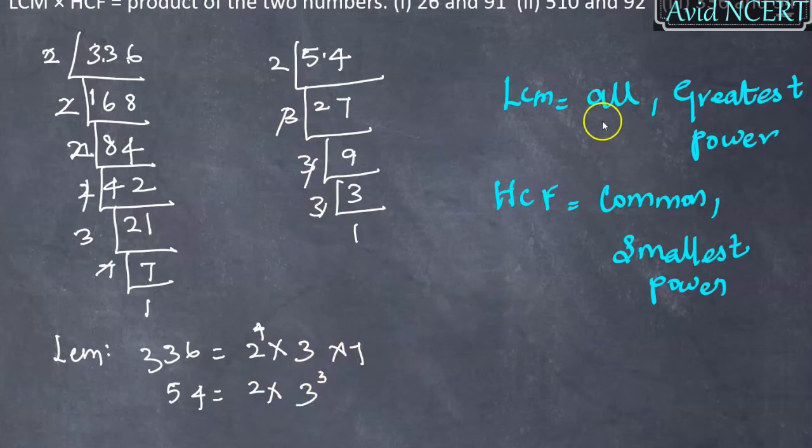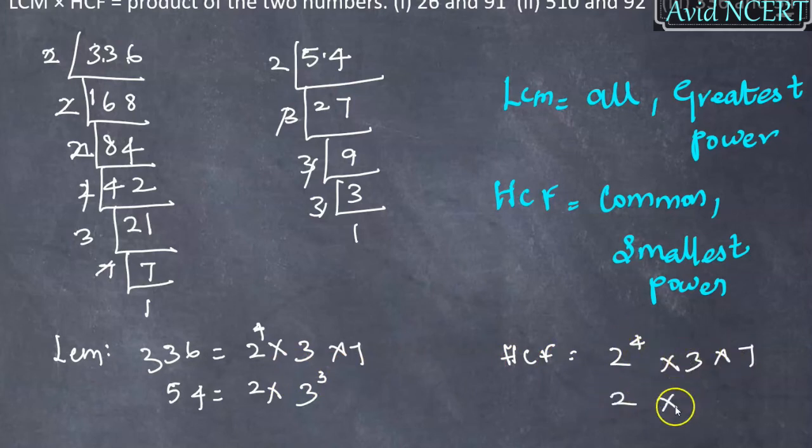Now for LCM we have to consider all the factors with greatest power. If you want, you can write this again so that it will not be confusing. So 2 power 4 into 3 into 7 and 2 into 3 power 3.